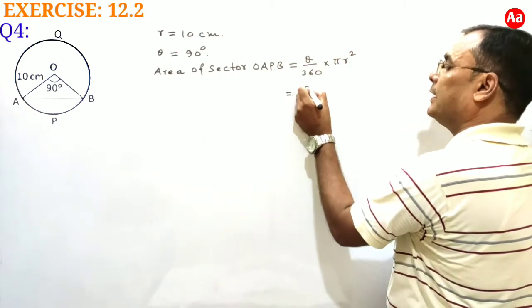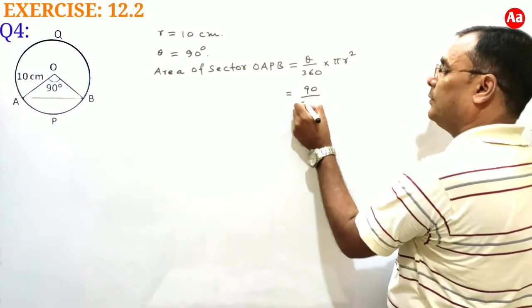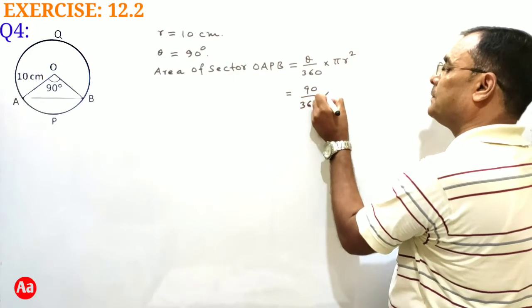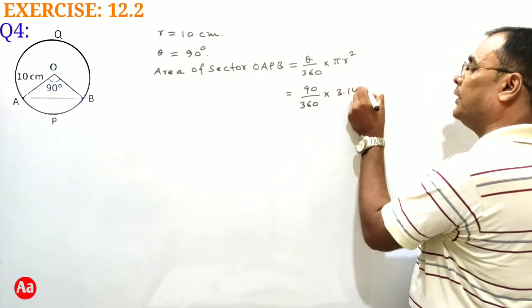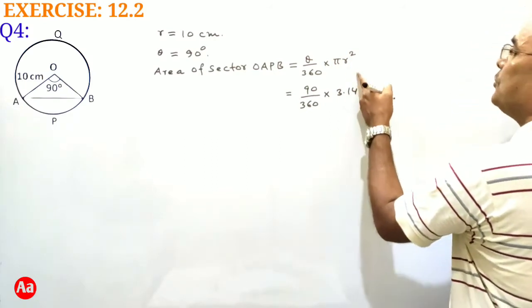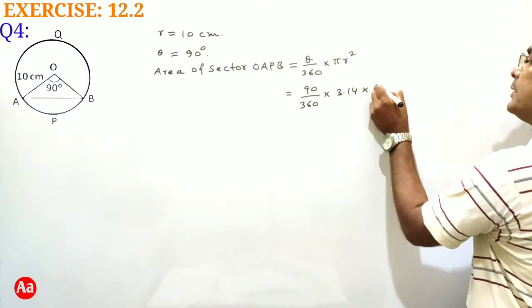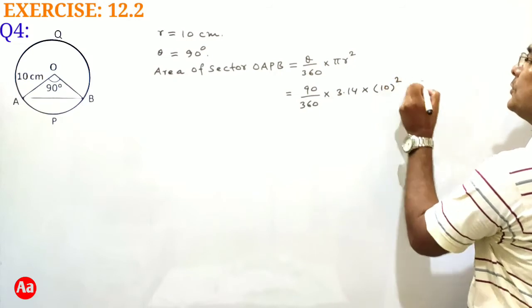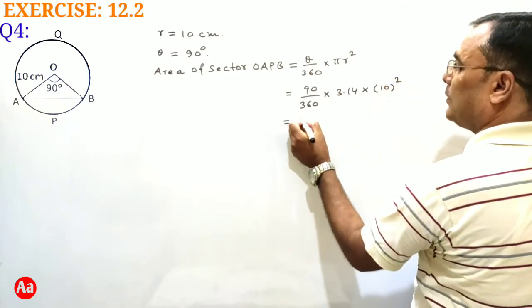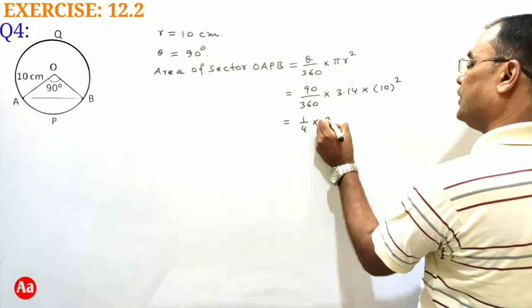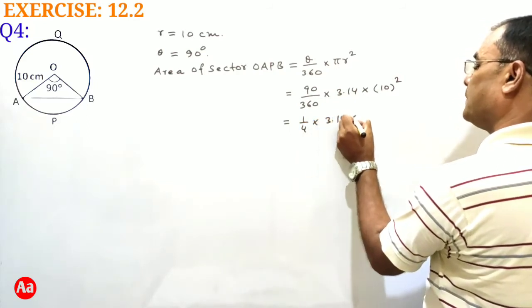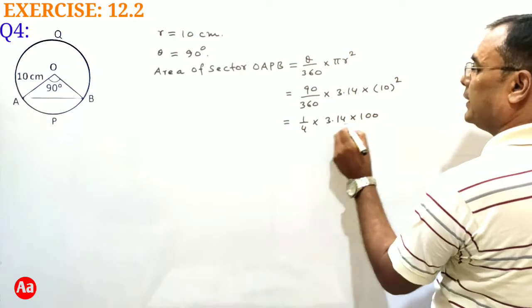Angle theta is 90 degrees by 360 into 3.14, the value of pi, into r, 10 centimeter, so 10 square. 1 by 4 into 3.14 into 100.